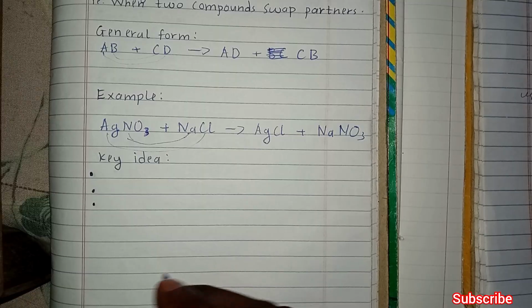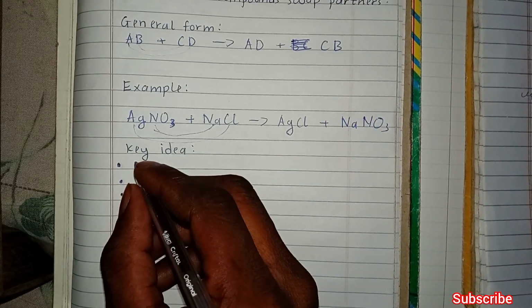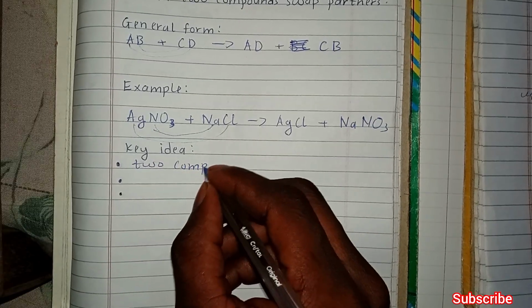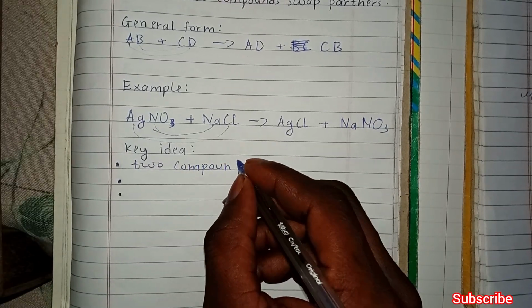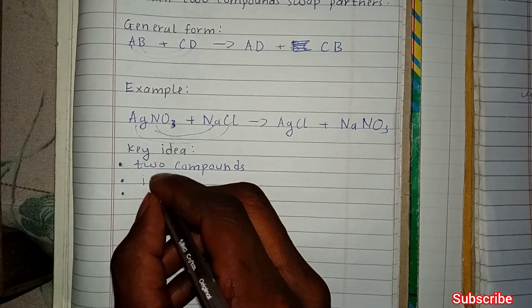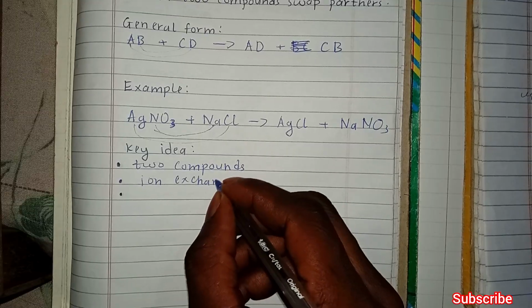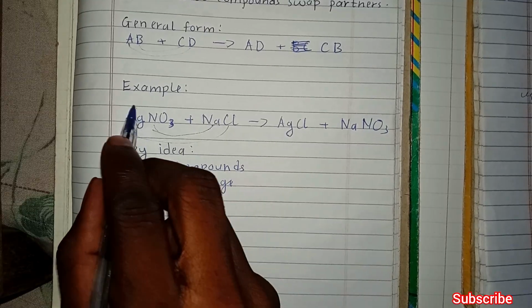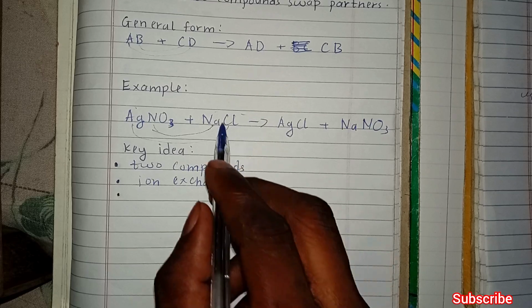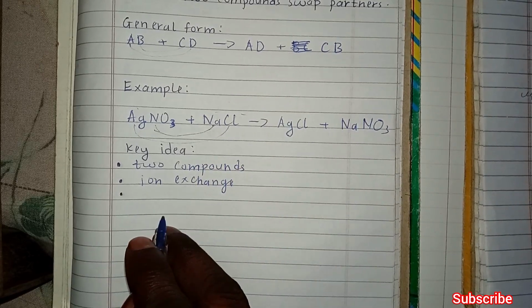Now let's take our key ideas as always. So 1, it involves 2 compounds. There is ion exchange. These are ions, H plus, Cl minus exchange, ion exchange.